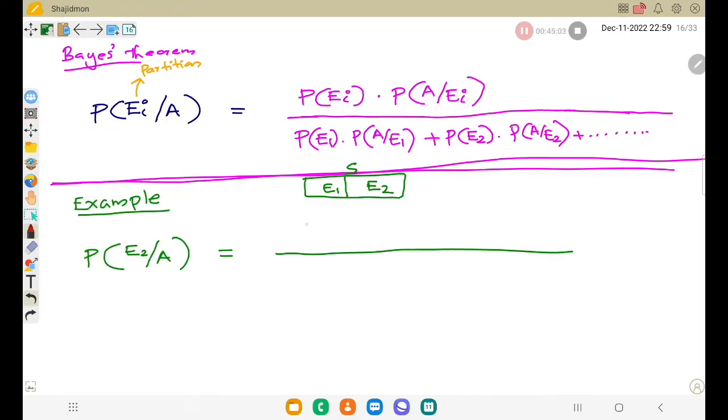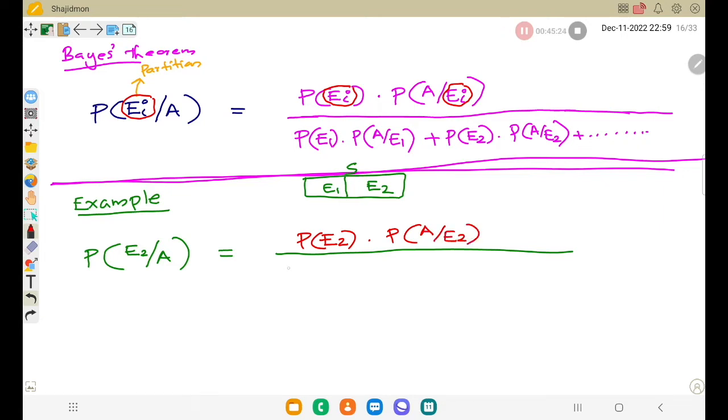So how can we write it? See, this Ei should be here and here. Down below, the total probability is always the same. So the probability of E2 given A means the probability of E2 multiplied by the probability of A given E2, correct?